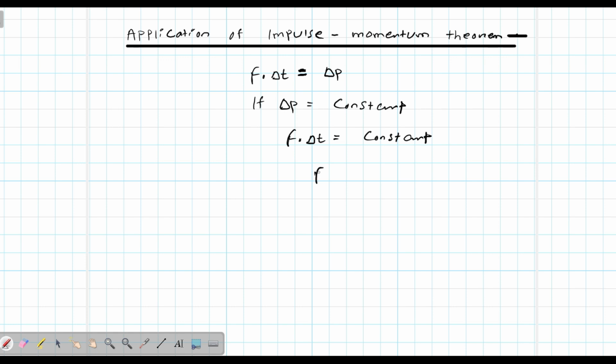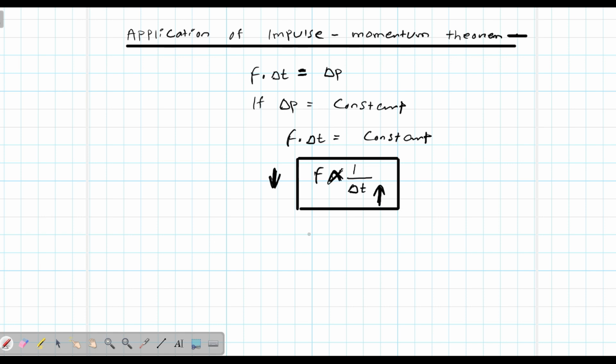F proportional to 1 by delta T. As time interval increases, force value decreases.